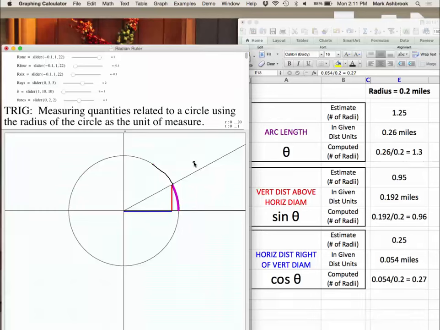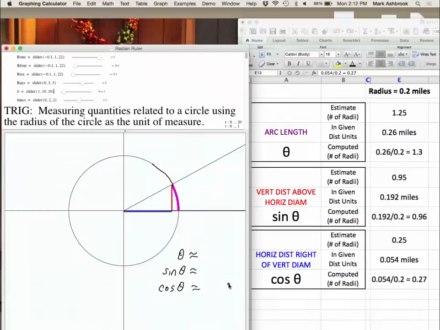Go. Theta, sine theta, and cosine theta. For this situation, it's a new situation now. Okay, he asked, what's the radius? What's the radius? I want you to estimate theta, sine theta, and cosine theta.